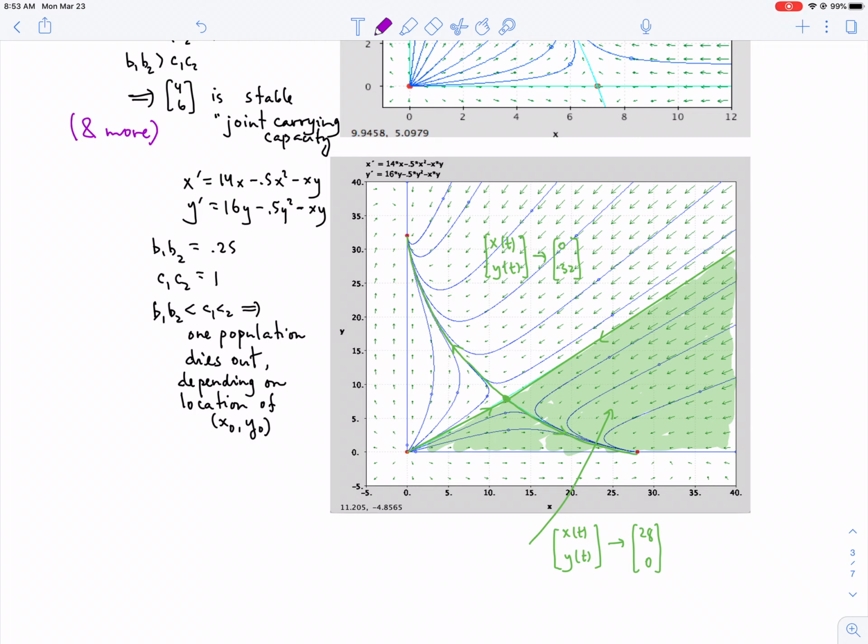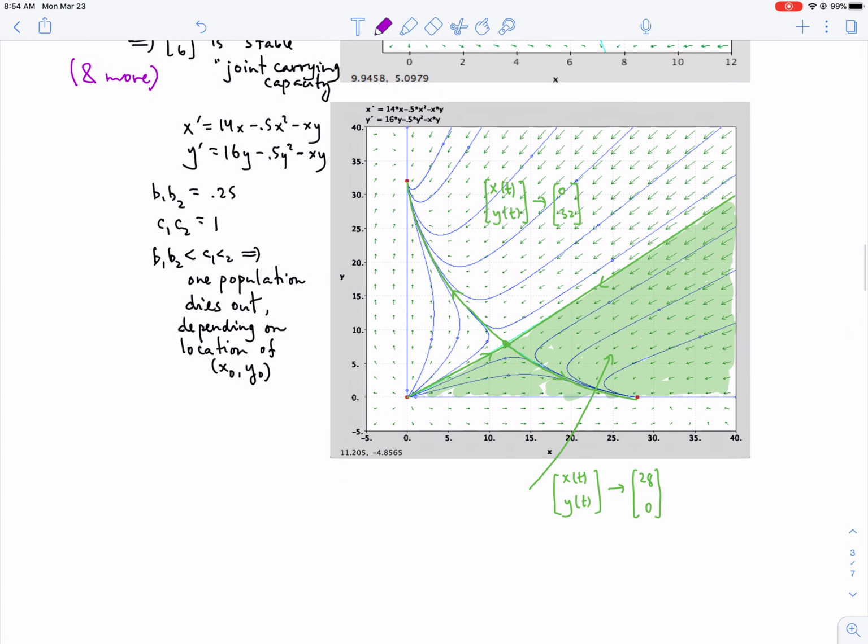And because B1, B2 is less than C1, C2, one of the populations dies out, and I've sketched the two regions that tell you which population dies out and which one ends up having a non-zero stable population.